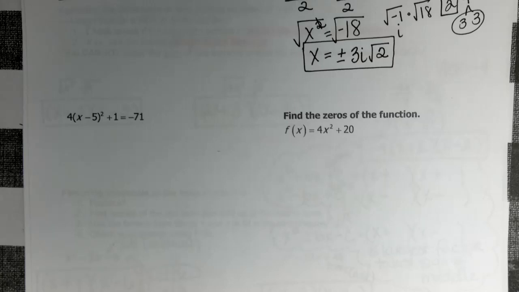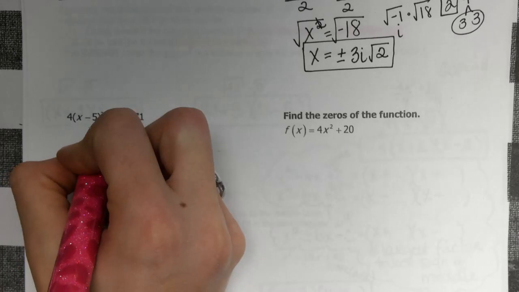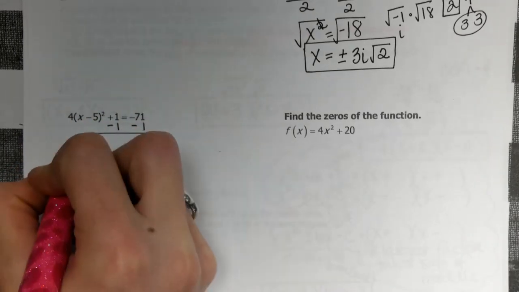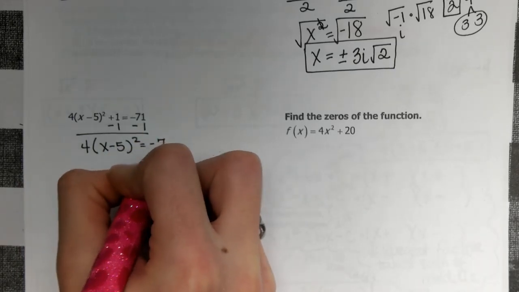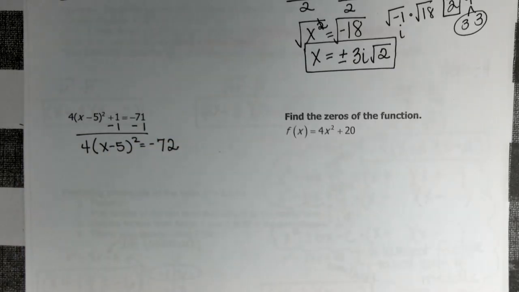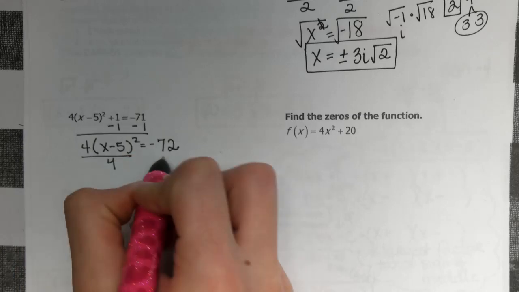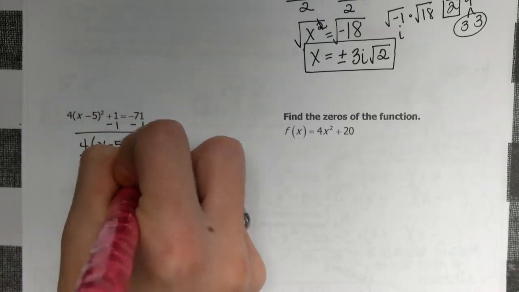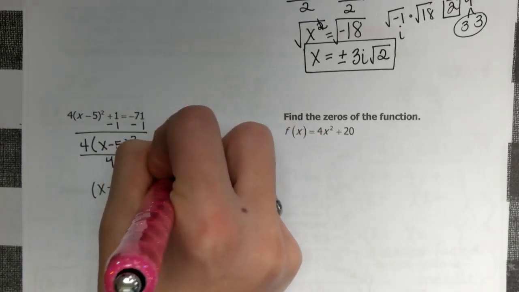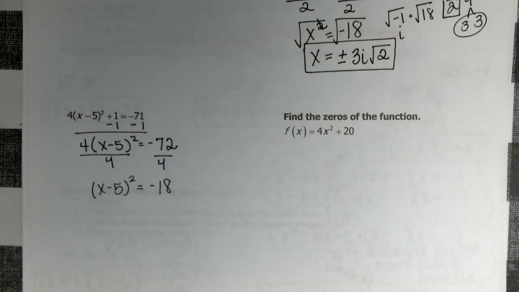This next example, 4 times x minus 5 squared plus 1 equals negative 71. I'm going to subtract my 1. 4 times x minus 5 squared equals negative 72. What's my next step? Divide by 4. X minus 5 squared equals negative 18.